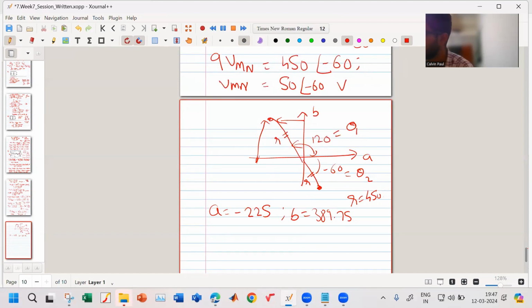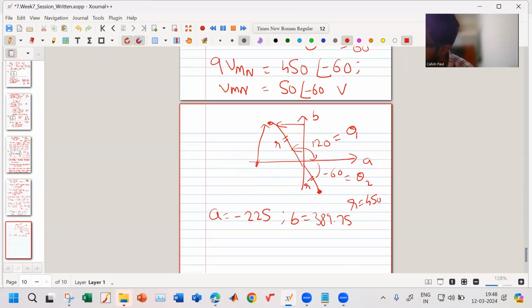Yes, sir. That means your angle should be 120, right? Yes, sir. But when we solve, you must keep into consideration that if your A is negative, then to whatever theta you get, you add 180. So theta is tan inverse of B upon A. You get some value, and in case your A is negative, you add 180 to that.